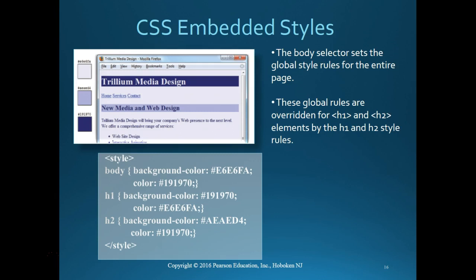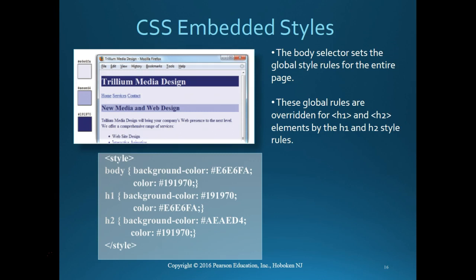So the body selector, if you use a style for body, remember that's everything that the human sees, right? Everything visible on your page. Whatever these rules are, they are like the universal style for the whole page. So basically, I'm going to use this font in general on this page, and I want my page background to be light blue. Those are kind of universal rules.